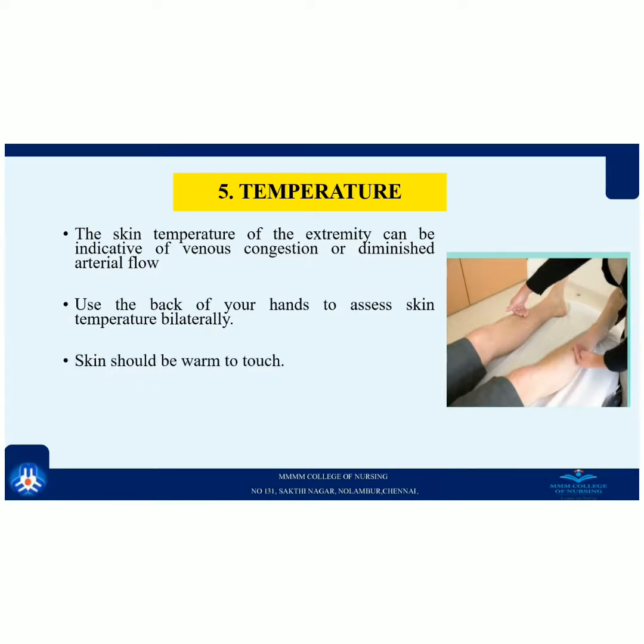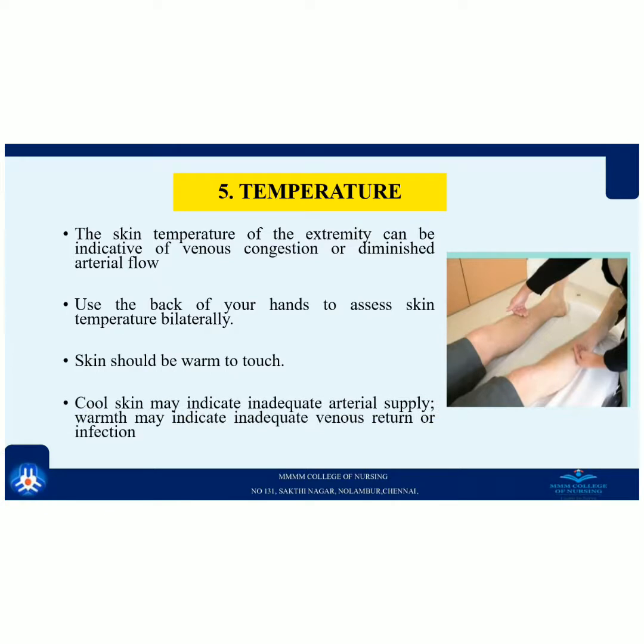Skin should normally be warm to touch, whereas cool skin may indicate inadequate arterial supply. Warmth may indicate inadequate venous return or development of infection. So be very careful when assessing the temperature with the backside of the nurse's hands, and monitor and interpret appropriately.